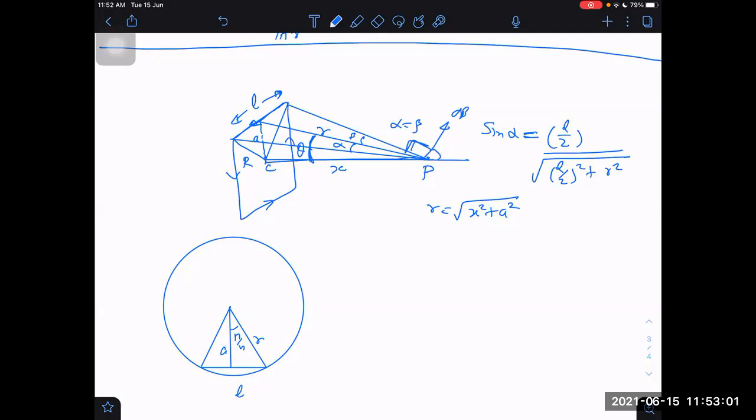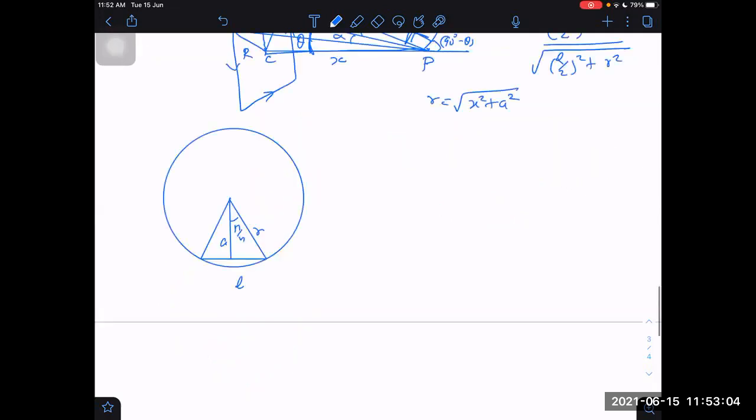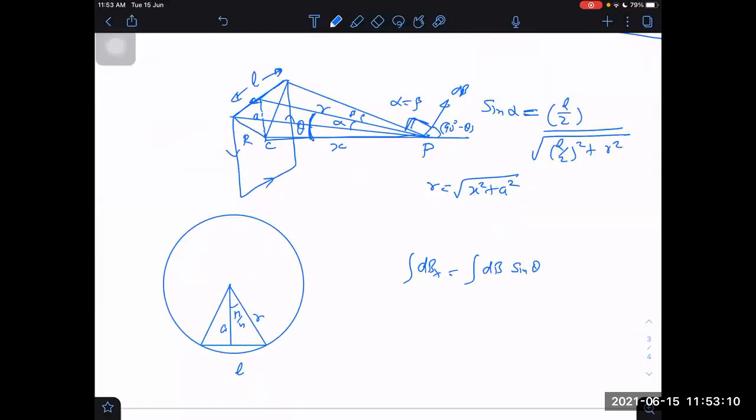Then dBx will be equal to dB sine theta integral. I don't want to write dB sine theta here now. Instead, I will just say it is B1, the field due to one side. Then I will say it is B1 sine theta.